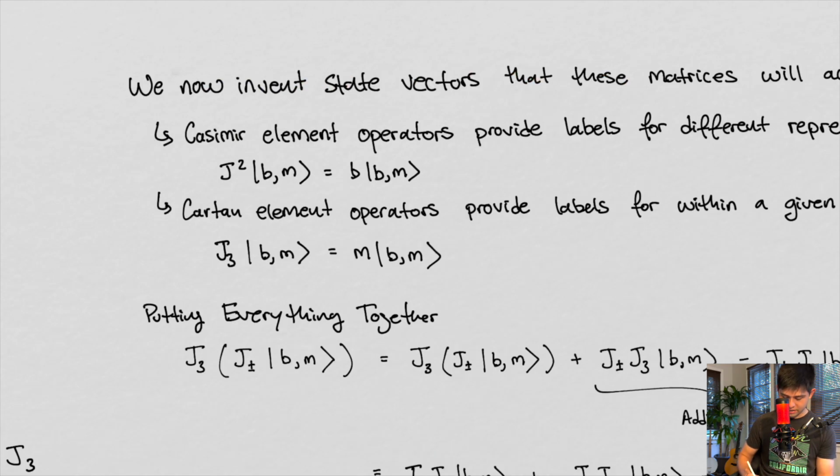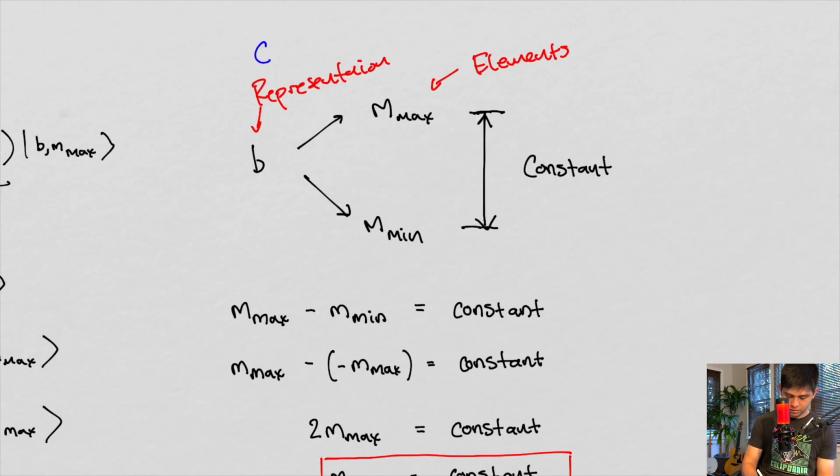So Casimir and Cartan element operators. This is within a given representation, right? Given a representation, we have a maximum number of elements and a minimum number of elements, and the min is equal to the negative of the max, which is what we found.